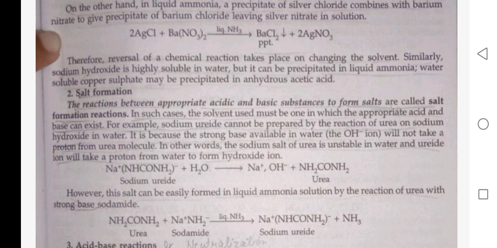In other words, the sodium salt of urea is unstable in water and urate ion will take a proton from water to form hydroxide ion. Sodium urate reacts with water to form Na+ OH- plus urea. However, this salt can be easily formed in liquid ammonia solution by the reaction of urea with the strong base sodamide. Urea reacts with sodamide in the presence of liquid ammonia to form sodium urate plus ammonia.